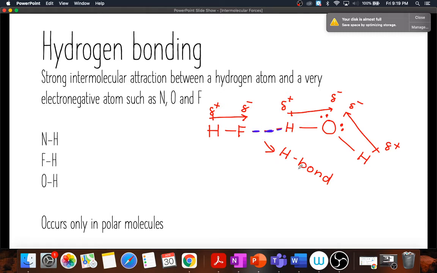This is what we call a hydrogen bond. Now, it only exists between a hydrogen atom and a very electronegative atom, only nitrogen, oxygen, and fluorine. And this takes place only in polar molecules. This wouldn't take place in another molecule because there aren't any dipoles for this interaction to occur.